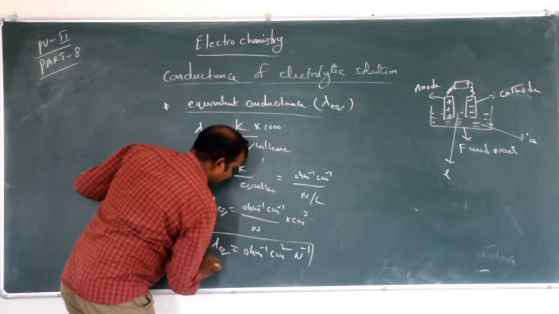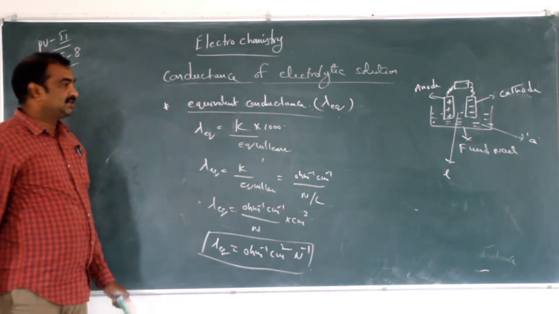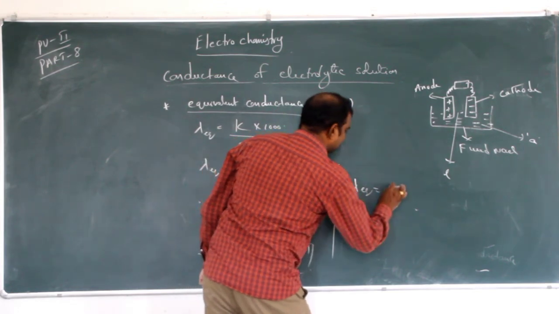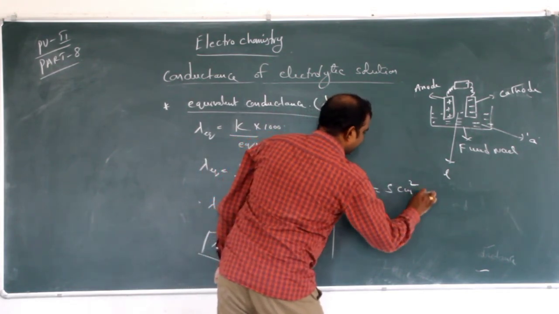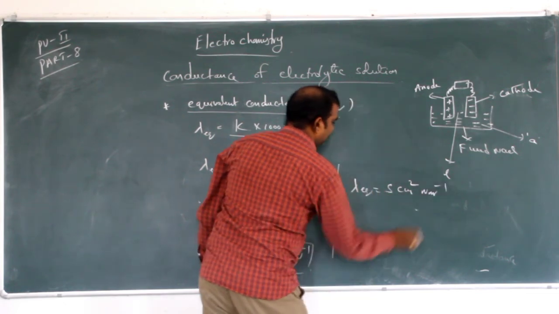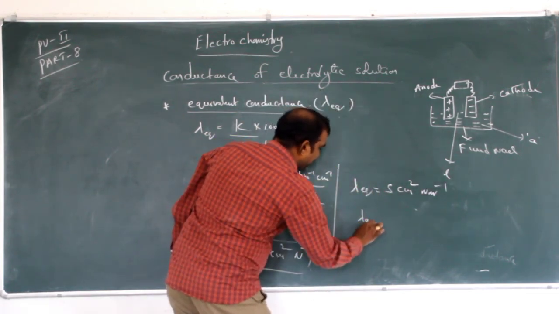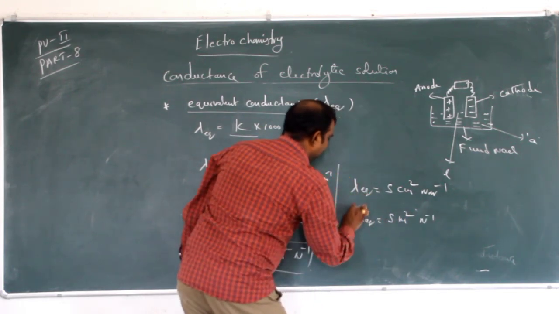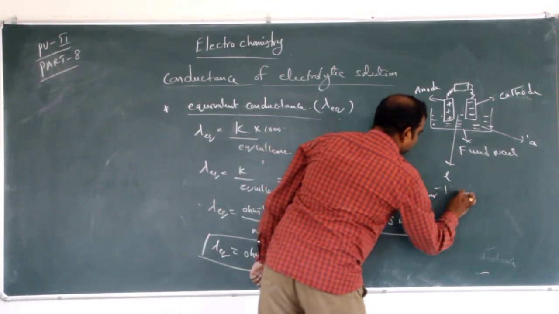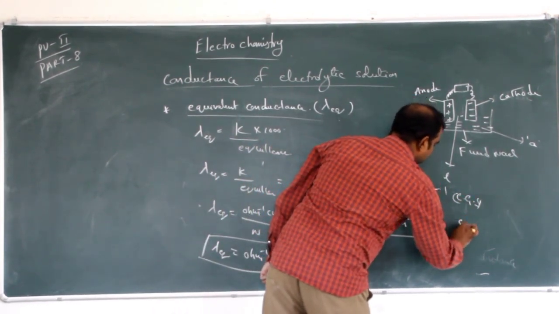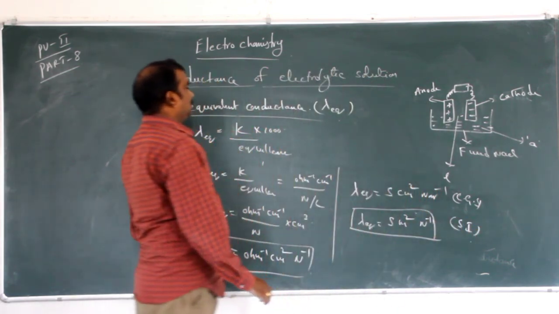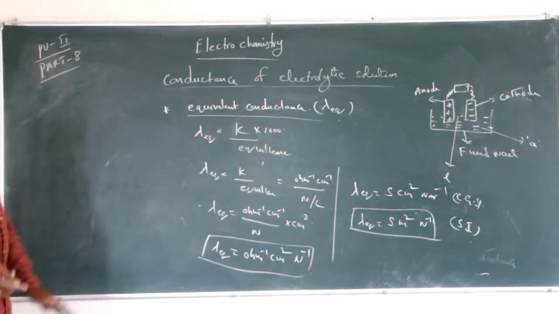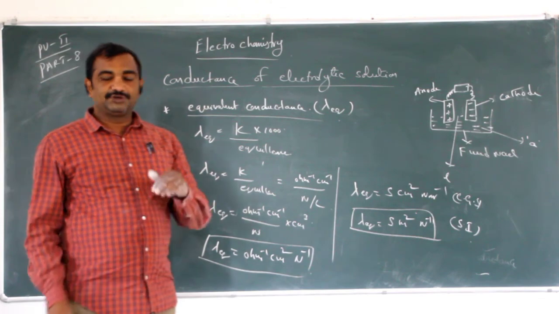So these are the units of equivalent conductance: lambda eq is ohm inverse, or Siemens, centimeter square normality to the power minus 1 in CGS, and Siemens meter square normality to the power minus 1 in SI. So these are the terms we have discussed right now regarding conductance of electrolytic solution. Based on these we will do problems next.